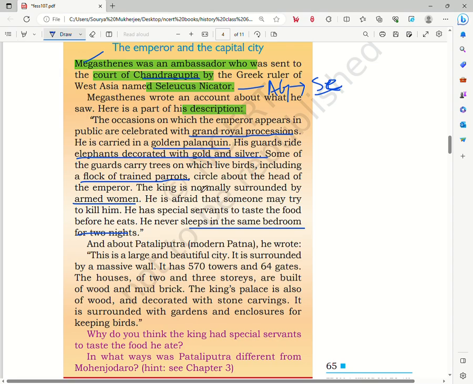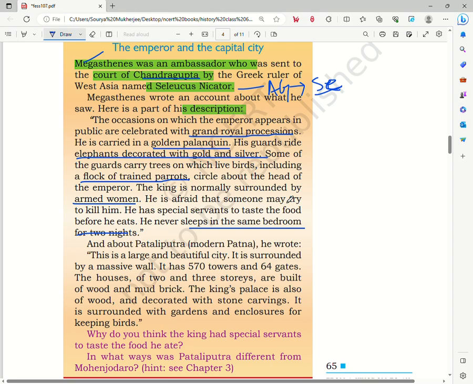So from the description, we see that he talks about the grandeur of the royal processions of the king, that he was carried in a golden palanquin, a sort of a seat placed on top of elephants, or carried by people from both sides.